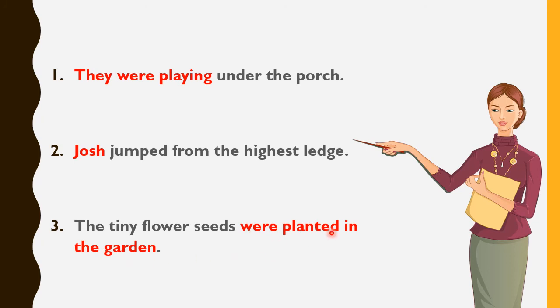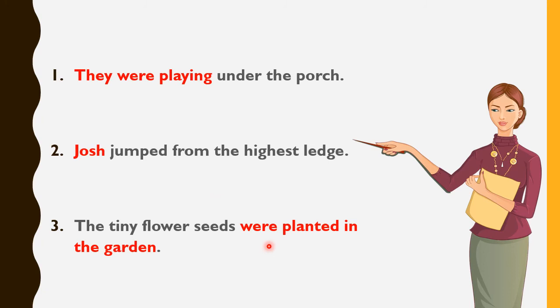Were planted, helping verb, verb. In the garden, P-A-O-P: preposition, article, object of preposition. So this whole thing right here is the predicate part. The verb with the continuation of the predicate part, they all make the predicate part.